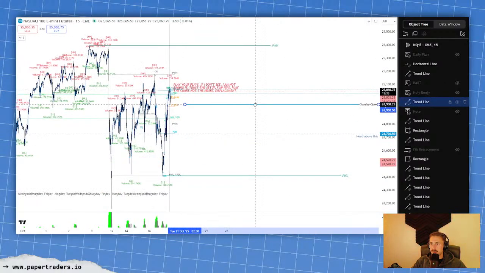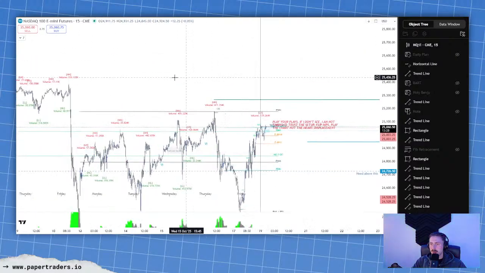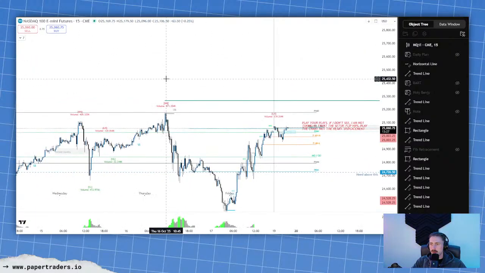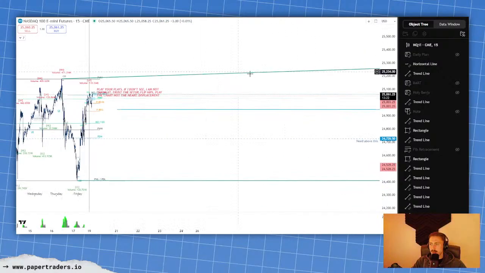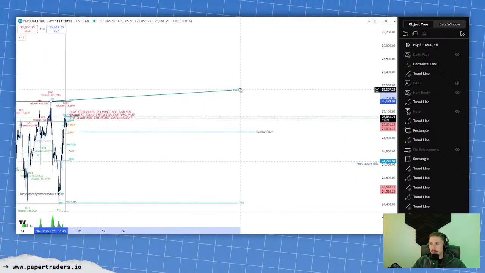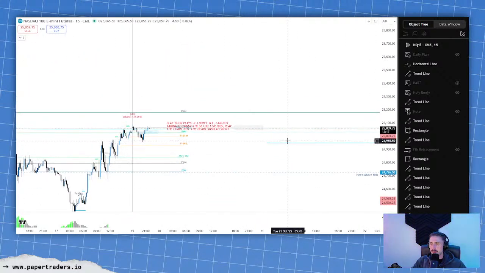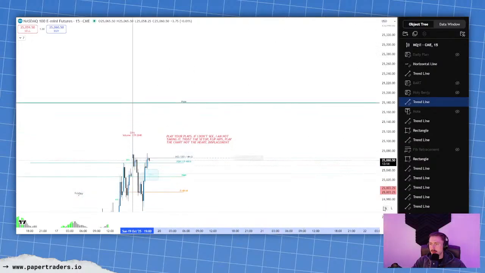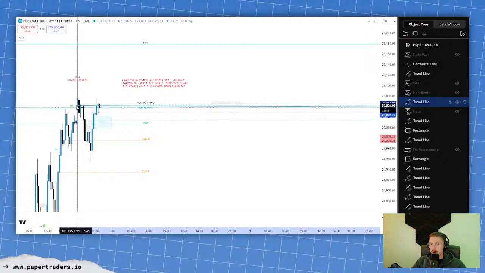There's our Sunday open. We're going to put it wherever. Previous weekly high is going to be right there on Wednesday, or Thursday, actually. Thursday, previous weekly high. And then Sunday, going to put that over here. Weekly open is right there.